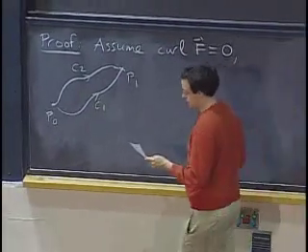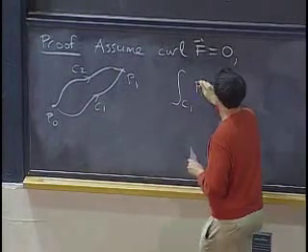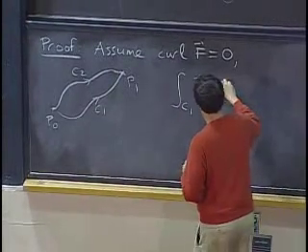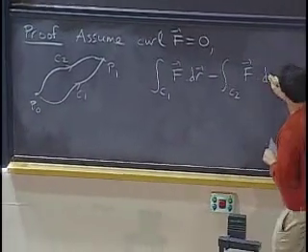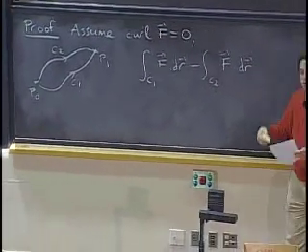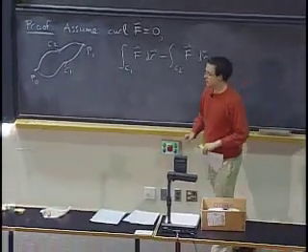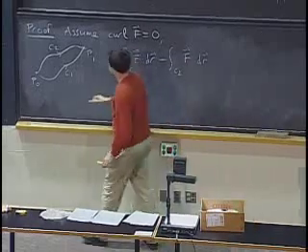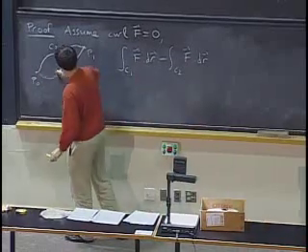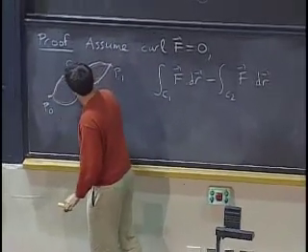Well, we'd like to understand the line integral along C1 minus the line integral along C2, to show that this is 0. That's what we are trying to prove. So how will we compute that? Well, the line integral along C1 minus C2, let's just form a closed curve that is C1 minus C2.